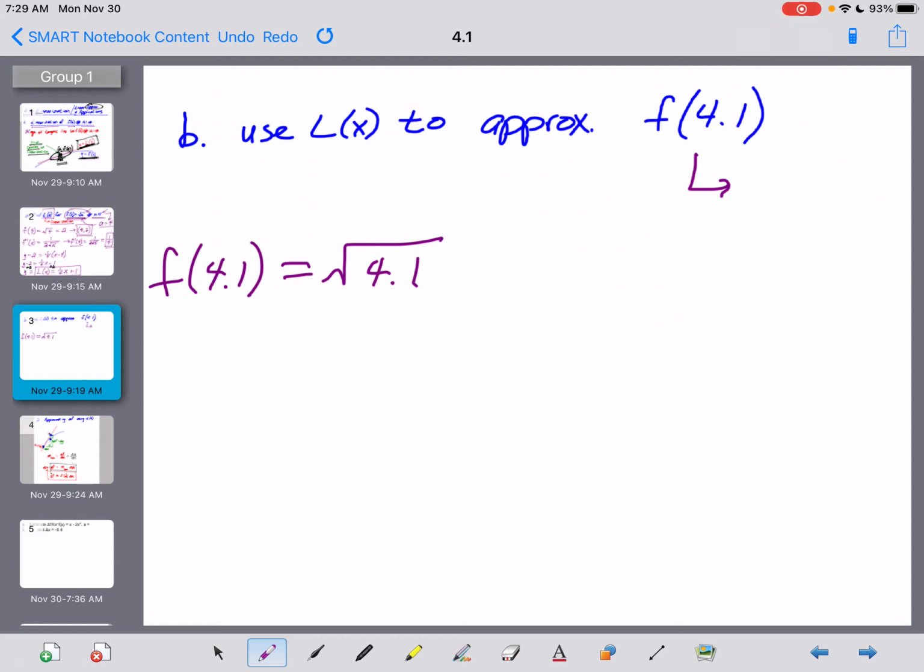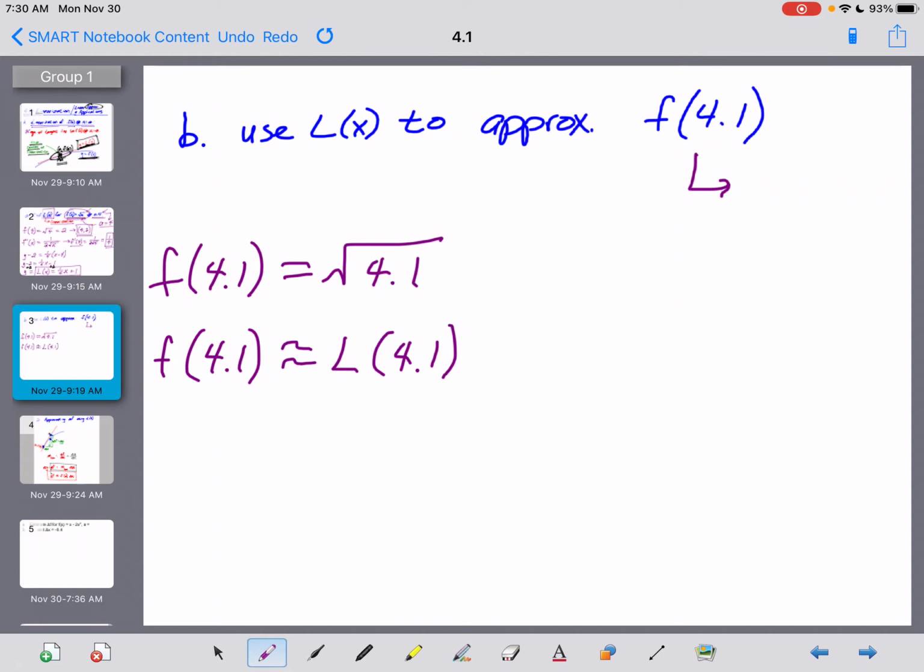I do know that the number exists. I do know that it has to be a little bit bigger than 2, but how much bigger than 2 is a total guess. So the way we're going to do that, guys, is we're going to work on this idea right here, that f of 4.1 is approximately equal to L of 4.1.